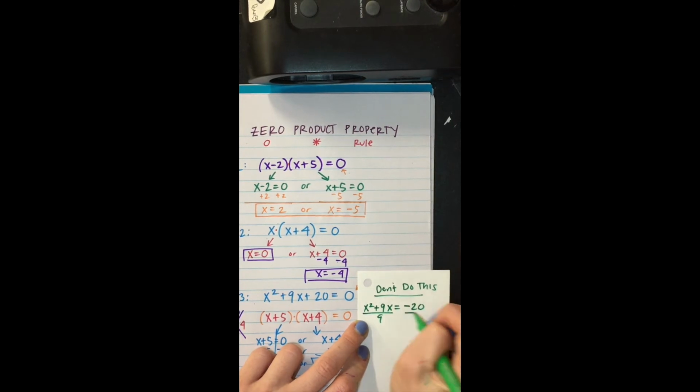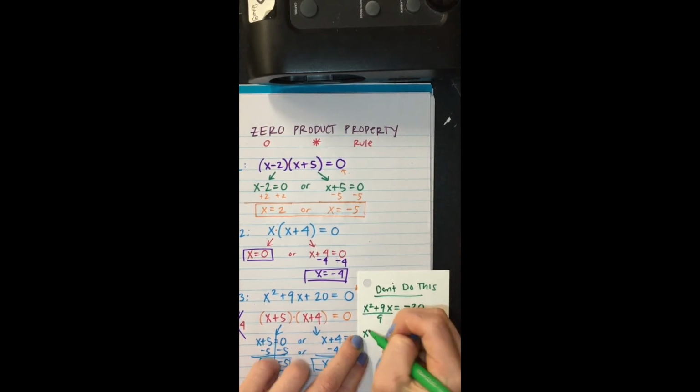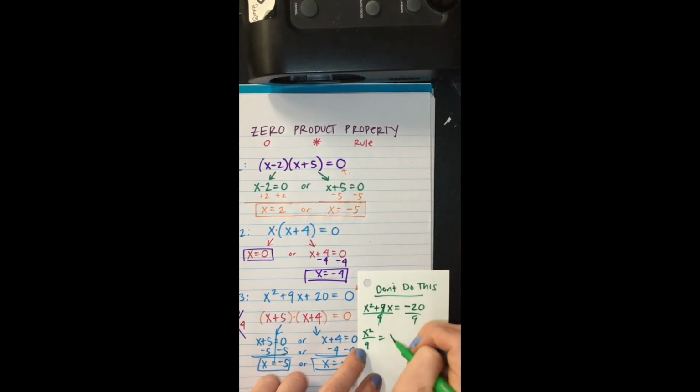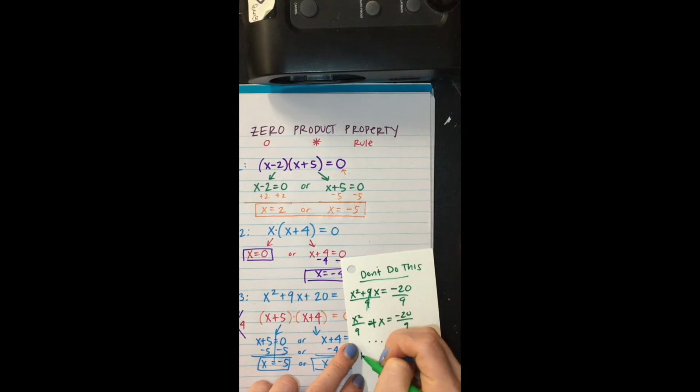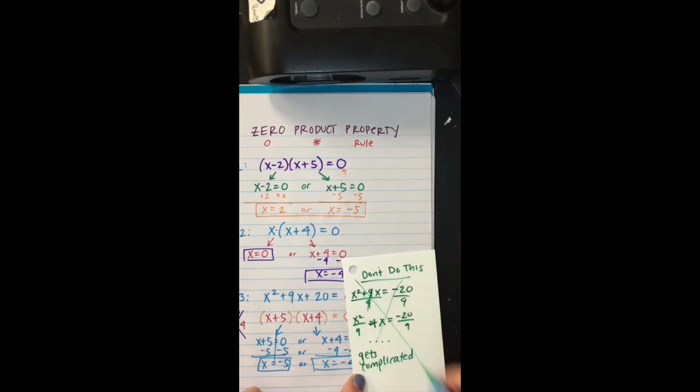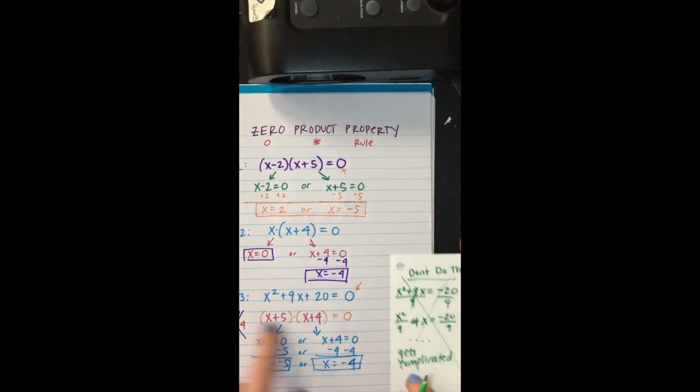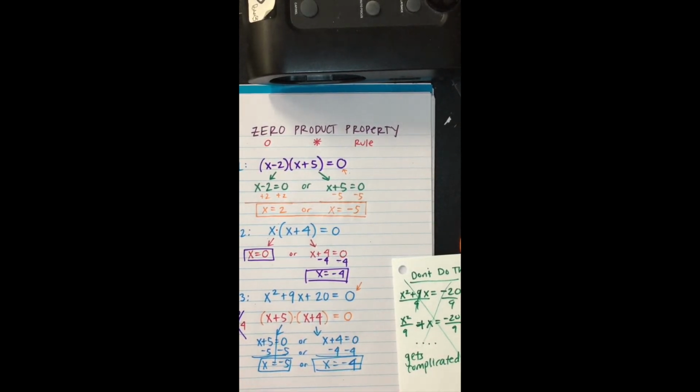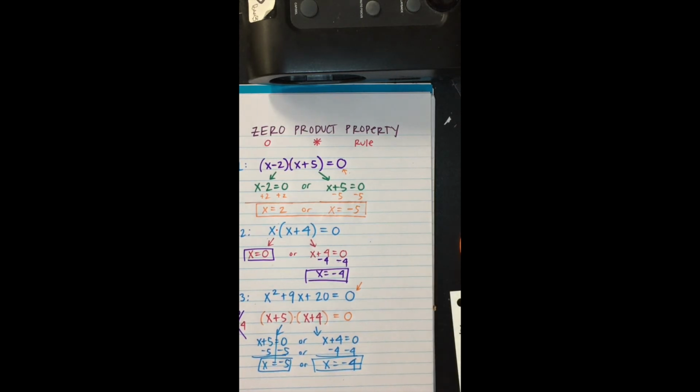Let's say you divide it by 9. It gets complicated. So don't do this. Instead, you want to factor it, set it equal to 0, and then use the zero product property, and you're done.